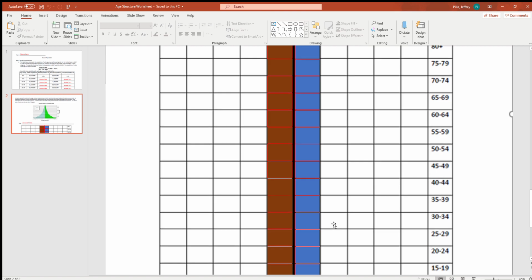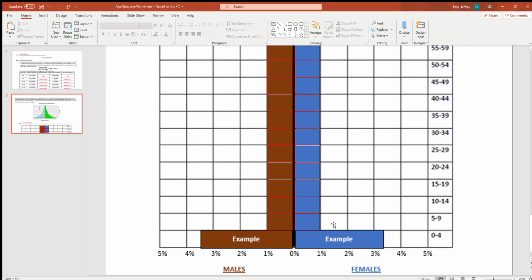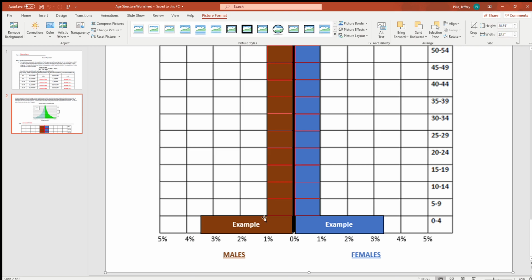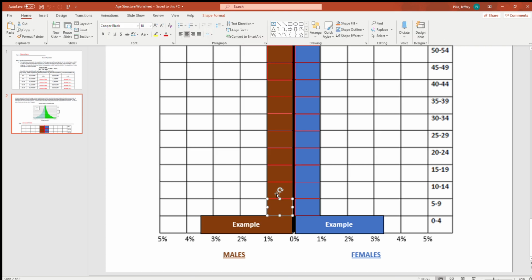Now, the thing I'm sure you're wondering is, how do you extend the bars? Well, you're able to click on each of these bars that are outlined in red. Notice that these bars down here are outlined in black. You try to click on them, nothing's going to happen. But these bars that are outlined in red, you're able to click on.